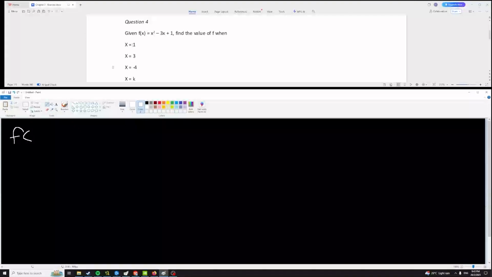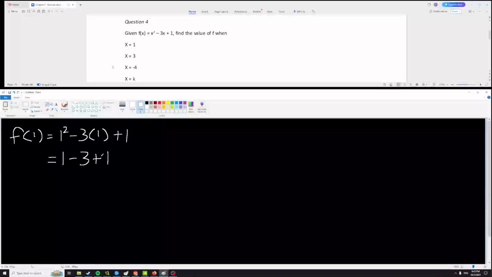Okay, so question 4, we want to replace the x with 1. So 1 to the power 2, minus 3, minus... Okay, 1 to the power 2 is 1, negative 3, plus 1.